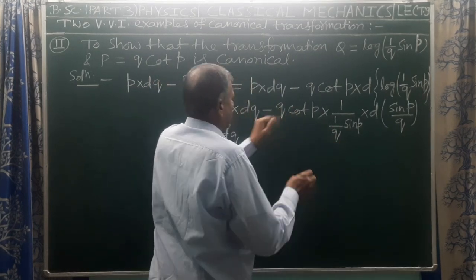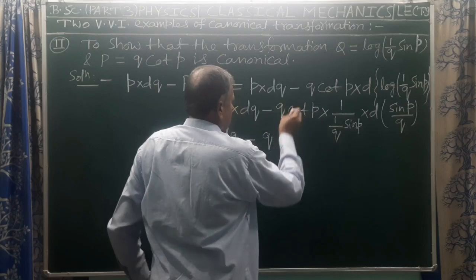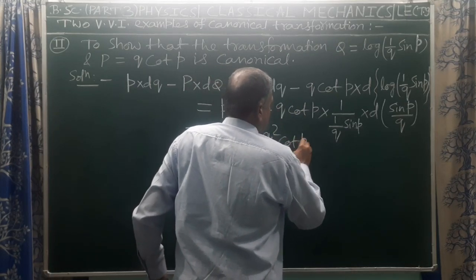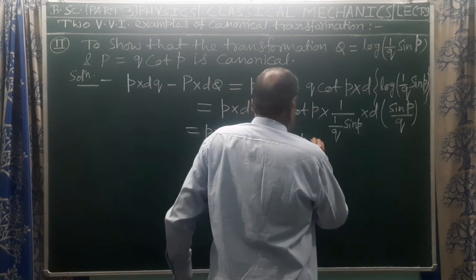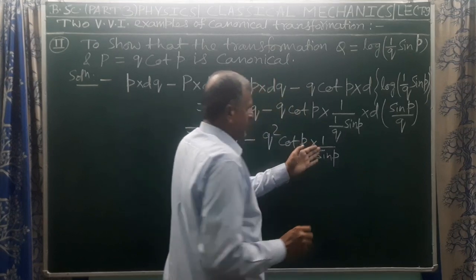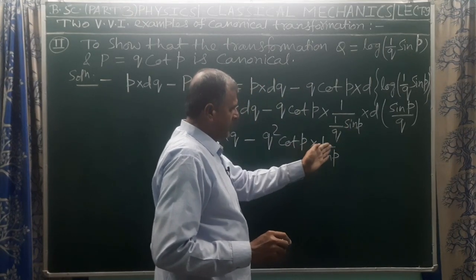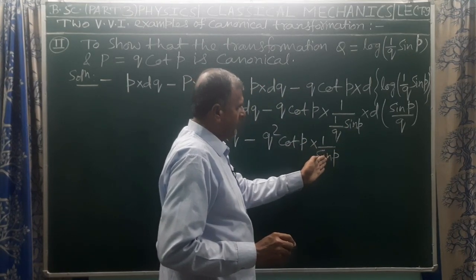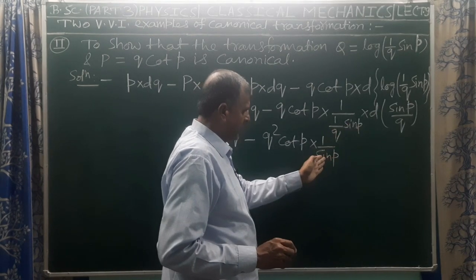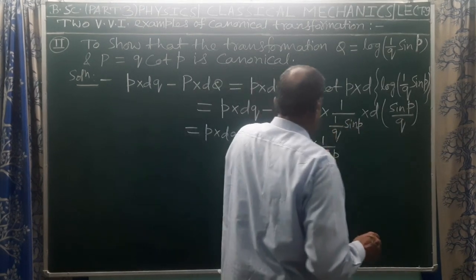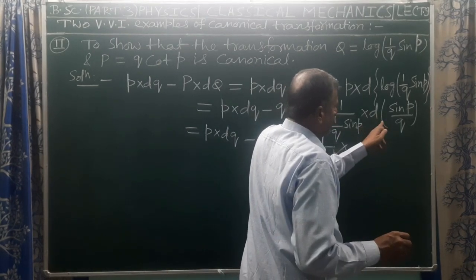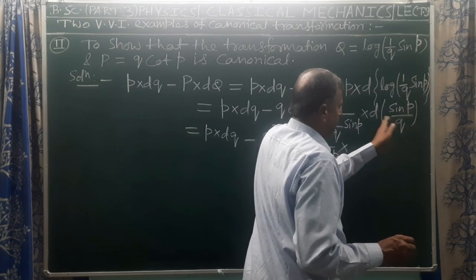So it is q into q, that is q square, small q square cot p multiplied by 1 by sin p in the denominator only. The term sin p is the only term in the denominator outside the bracket. So it is 1 by sin p multiplied by the differential of sin p upon q, that is the term inside the bracket.